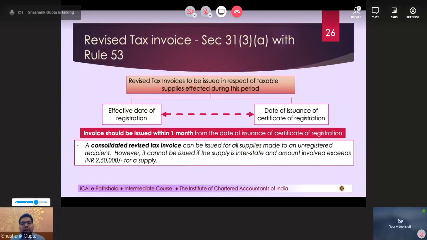It is only in one situation that a revised tax invoice can be issued, and that is where the person applies for registration within 30 days of becoming liable.